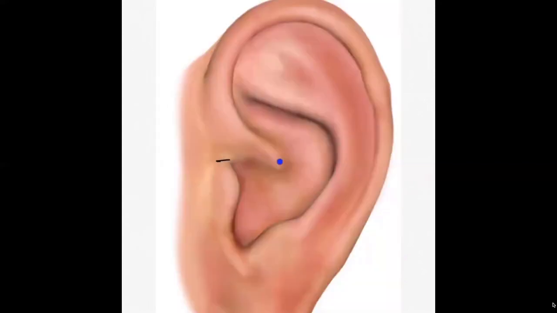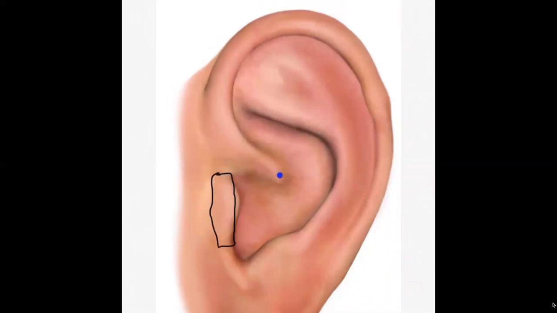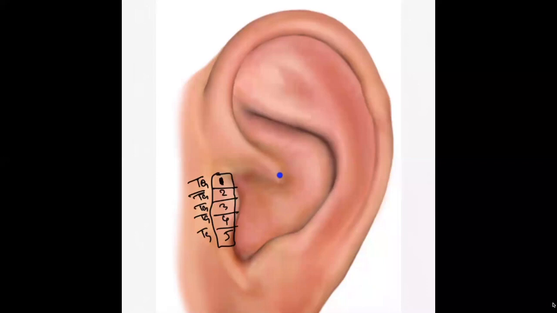This whole area has been subdivided in 5 parts: 1, 2, 3, 4, and 5. So tragus 1, tragus 2, tragus 3, tragus 4, tragus 5. This tragus is a very important area of the ear.